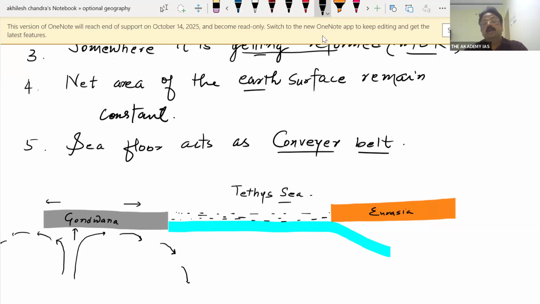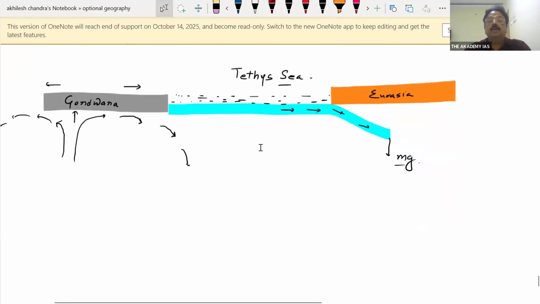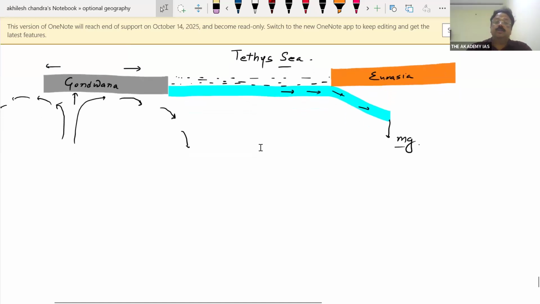There is divergence that takes place. And because of this movement, the Tethys sea floor starts moving in this direction. And there was subduction. And due to subduction, this was the unbalanced force, and it starts pulling the slab towards this side. Now what happened? Gondwana broke into Africa, India, and Australia.